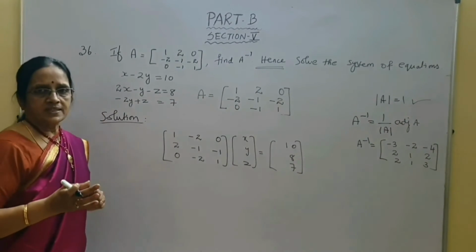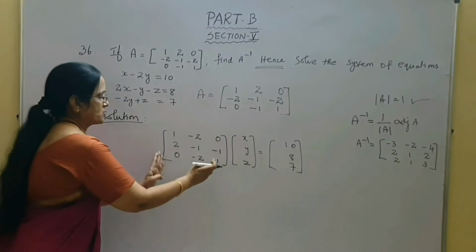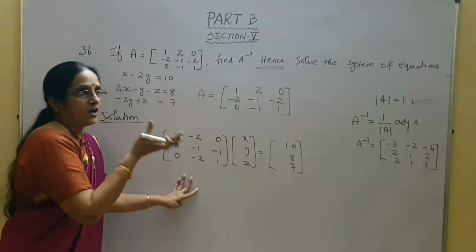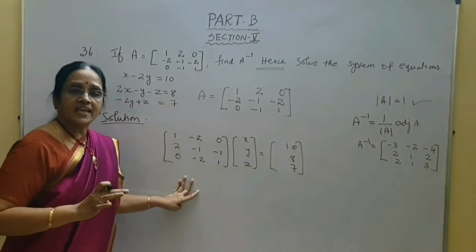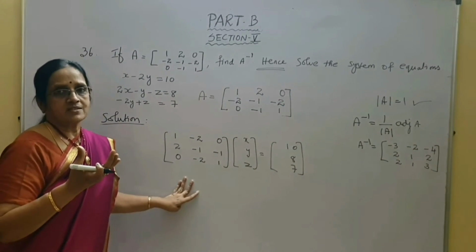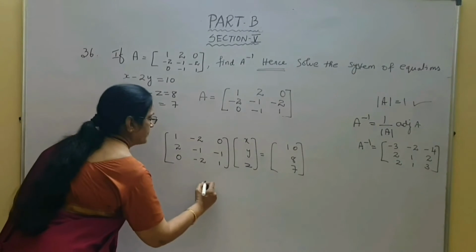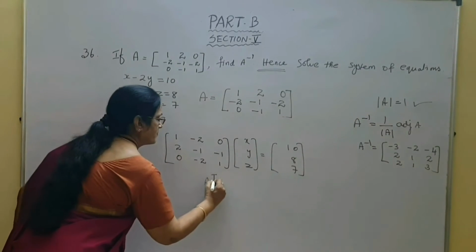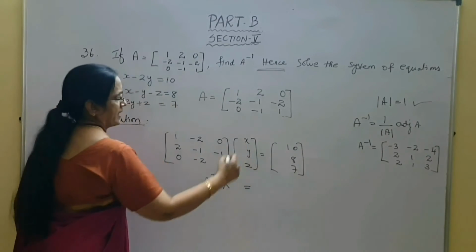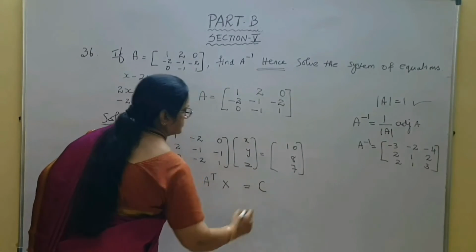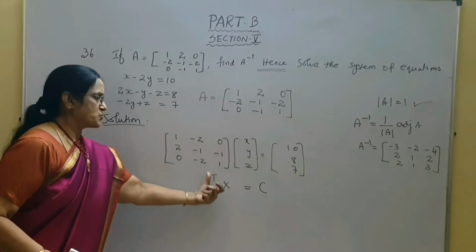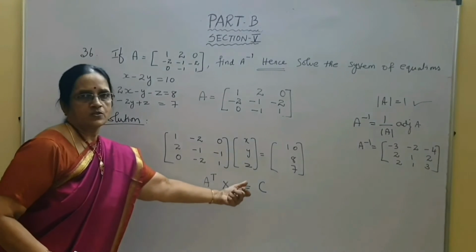Or in other words, the matrix we got here is the transpose of the given matrix A, because the rows and columns have been changed. So, I can write over here A transpose into X is equal to some C. So, this matrix equation is of the form A transpose into X is equal to C.